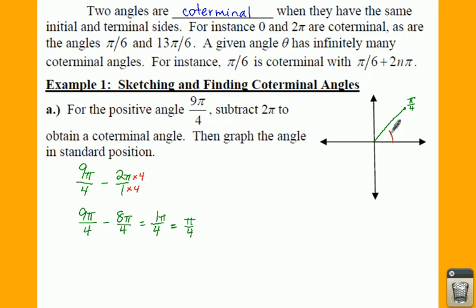Now if you go around your circle, remember if you start at this point and add 2 pi, going all the way back around, that would give you 9 pi over 4, which is the same thing as pi over 4.